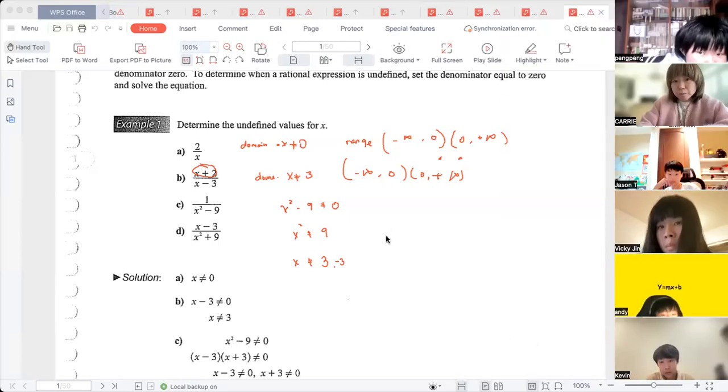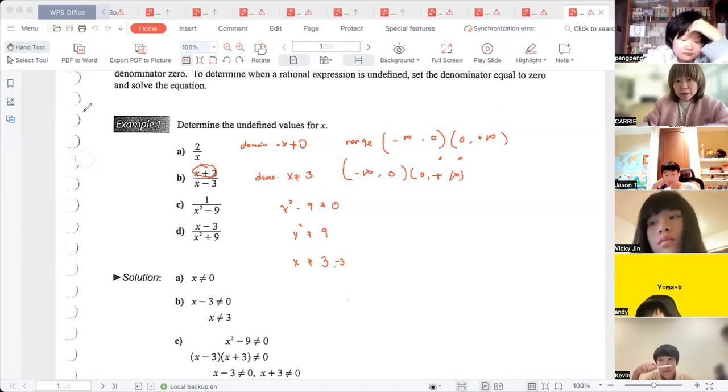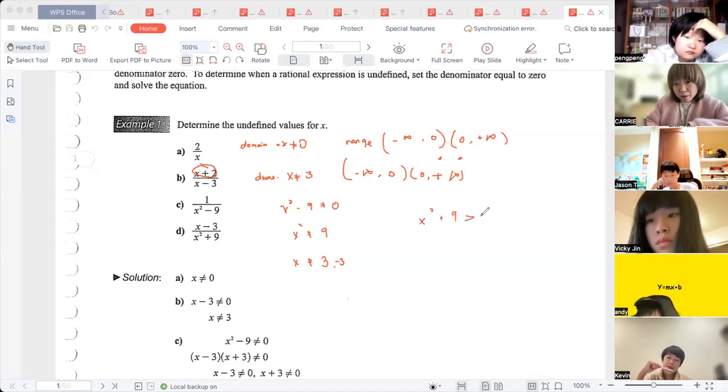Get it, Kevin? Okay, so now let's take a look at x minus 3 over x squared plus 9. How to do this one? Some students say x could be anything, because x squared plus 9 must be bigger than 0. Why? Because x squared is a positive number, and positive plus 9 must be positive. It cannot be 0.